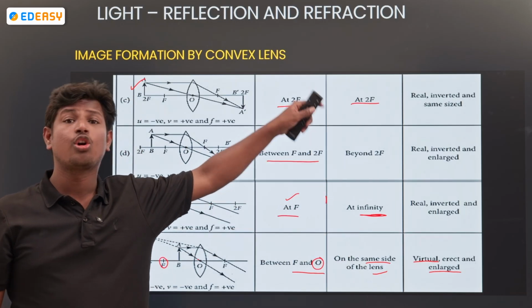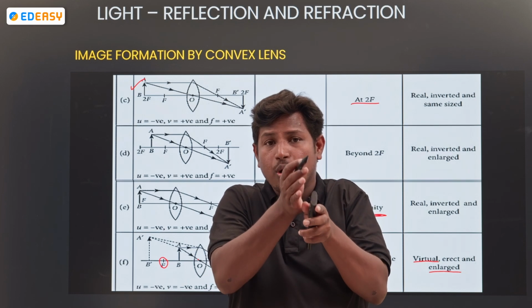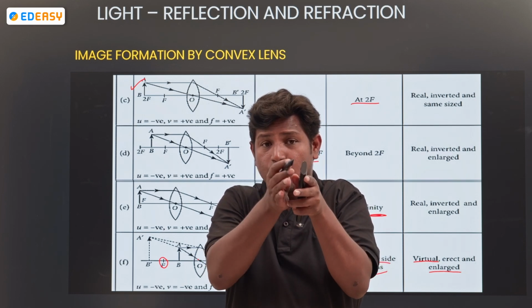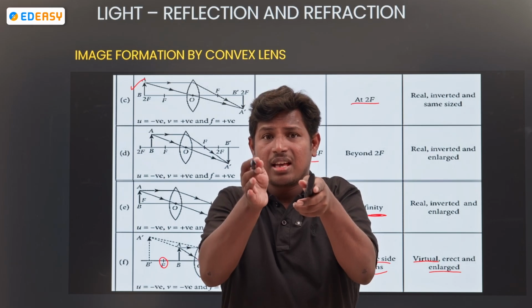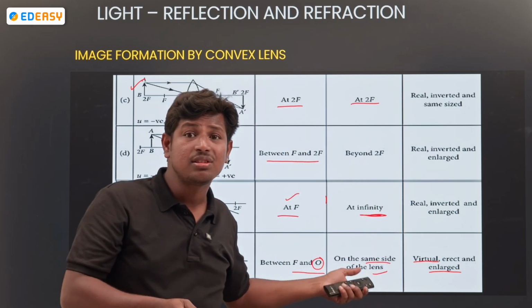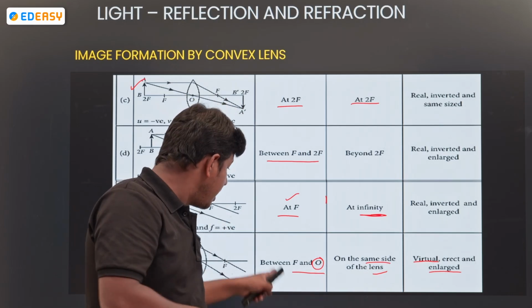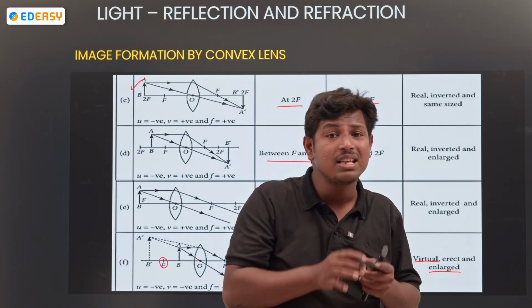In a concave mirror also, if the object is between pole and focus, pole is the optical center, f is the focal length, and the object is between these two. So here also the same: optical center and f, the object is between these two. What will the image be?